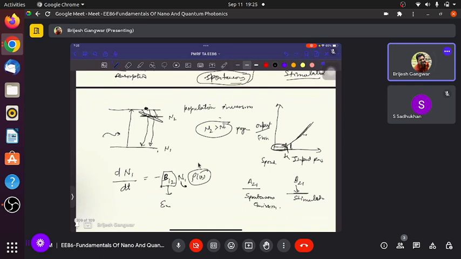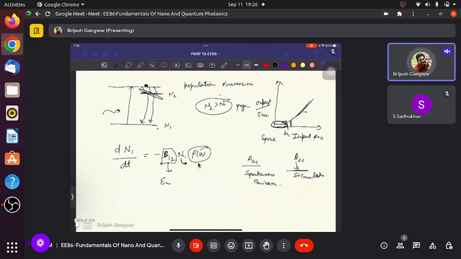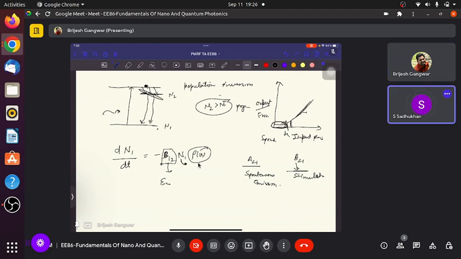But you can ask: we have absorption, we have spontaneous emission, we have stimulated emission, so why not stimulated absorption? Do you think about that? No, it didn't come to my mind. It should be stimulated absorption also, right?